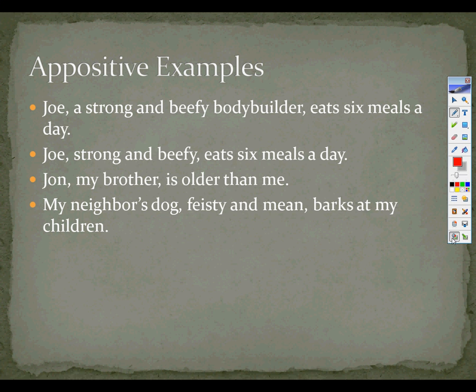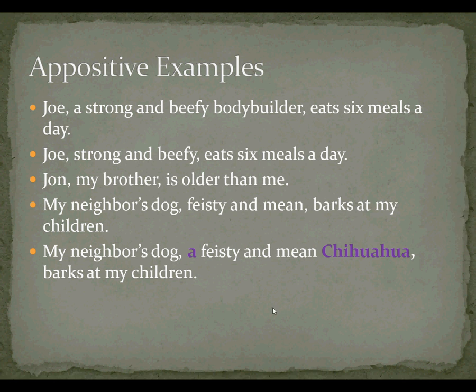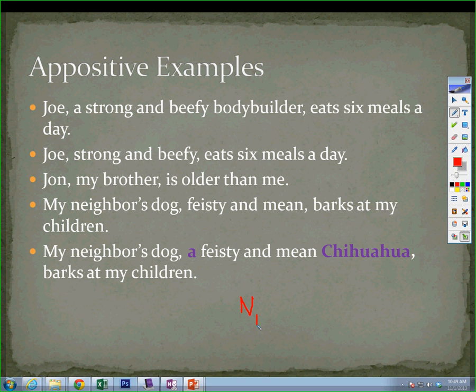Well, let's think about this. How would we fix this? There's how we would fix it. Notice I added a noun there, chihuahua. My neighbor's dog, a feisty and mean chihuahua, barks at my children. So again, we're talking noun, comma, noun, and the second noun renames the first for it to be an appositive.